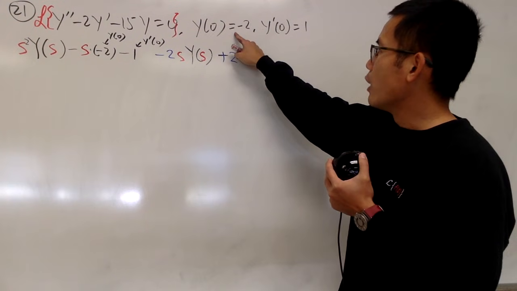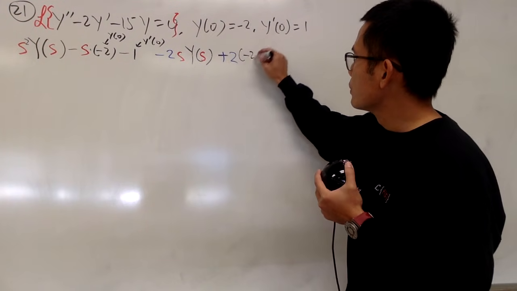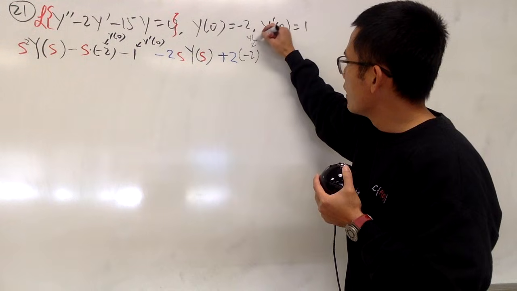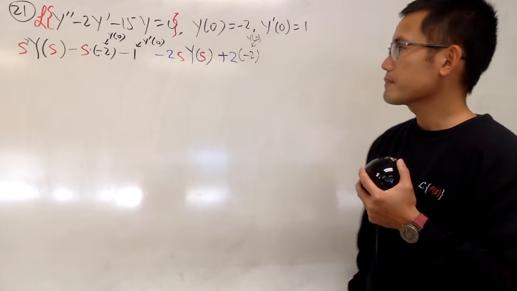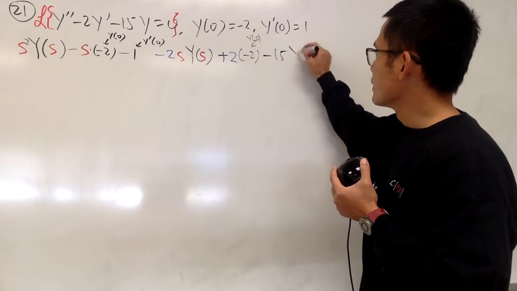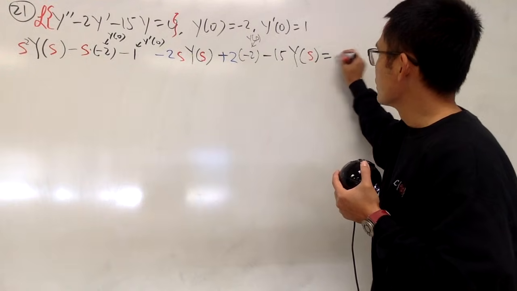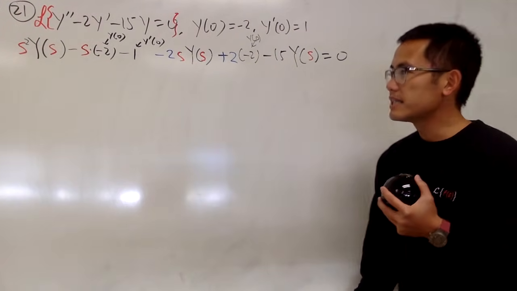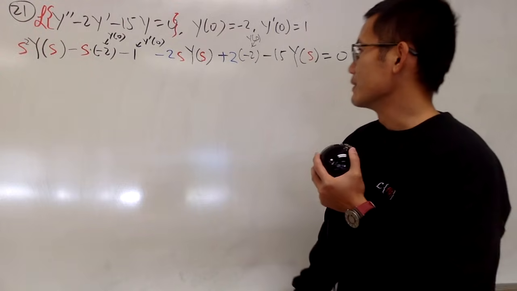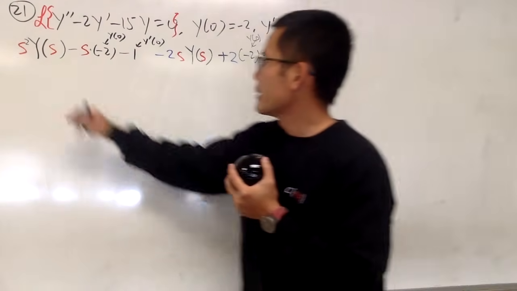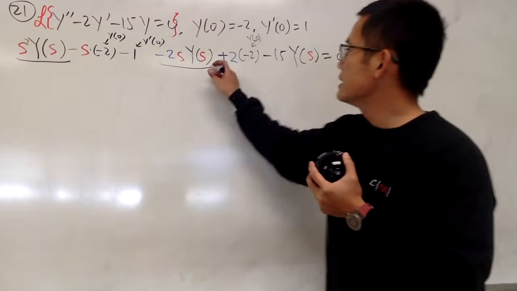Multiplied by y of 0, which is negative 2. So again, this is the y of 0. And then minus 15y of s, like so, equal to 0. All right, not so bad. Hopefully not. All right, we have this, and that.